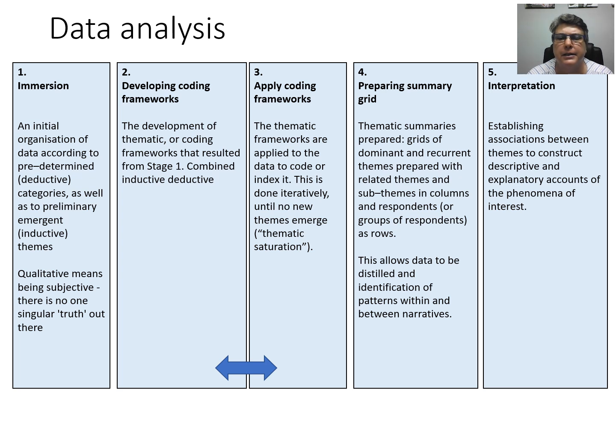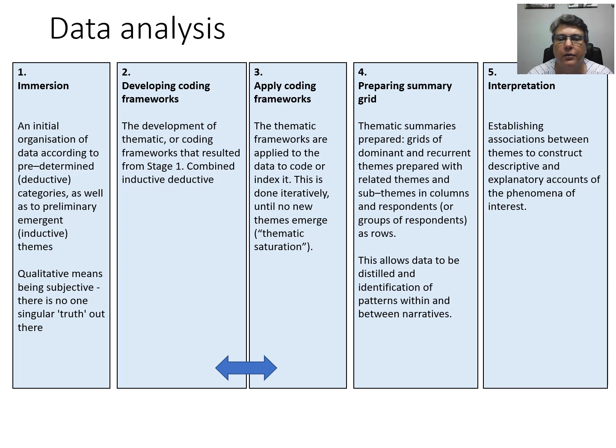The data analysis can be divided into 5 steps, starting first of all with immersion. In this process, the initial organization of the data is done according to predetermined categories, that would be deductive, as well as to preliminary emergent themes, and that is the inductive part.